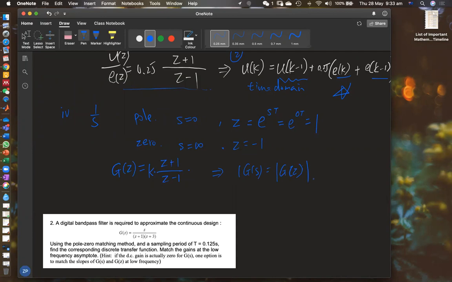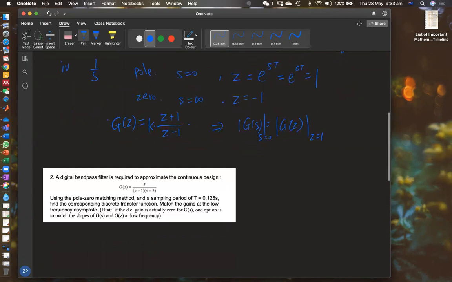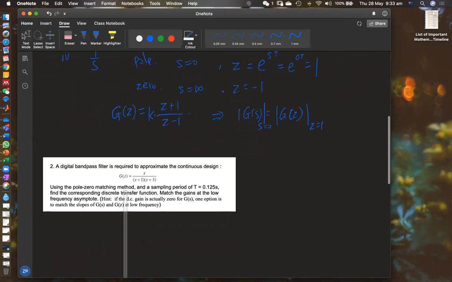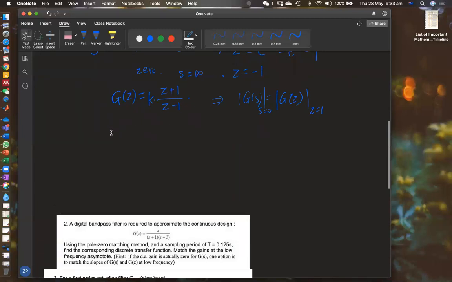Normally, when s equal to 0, this is z equal to 1. So you want to make sure this happens. So what we do is the calculation.